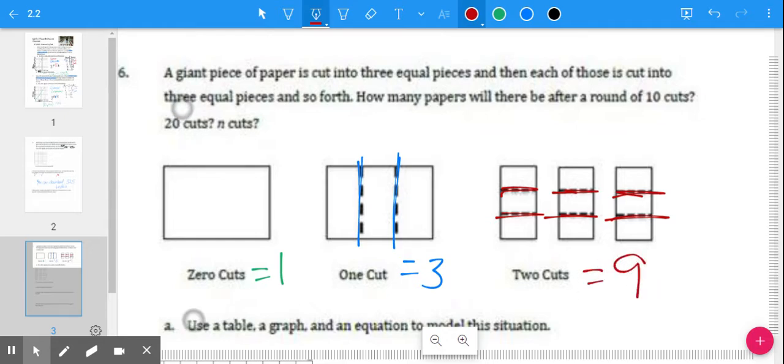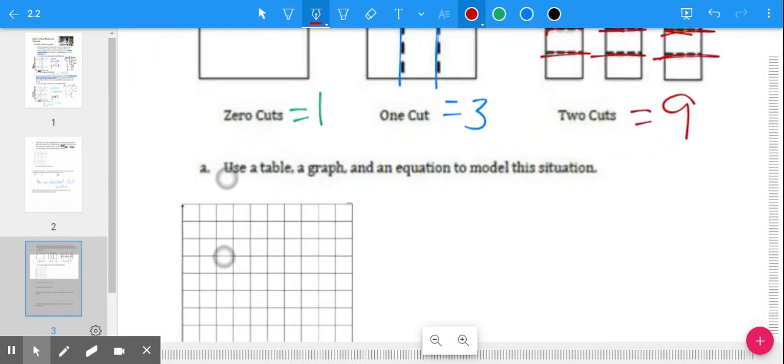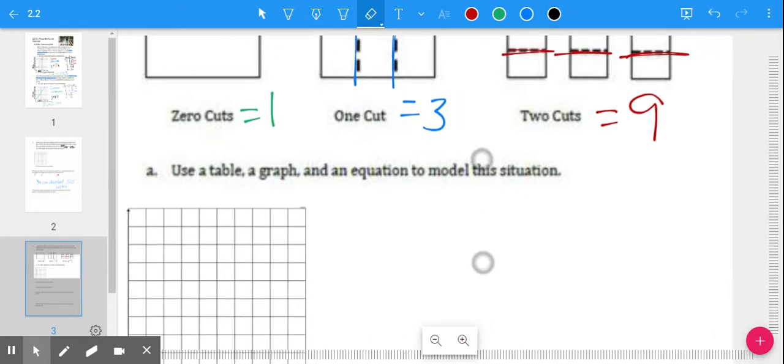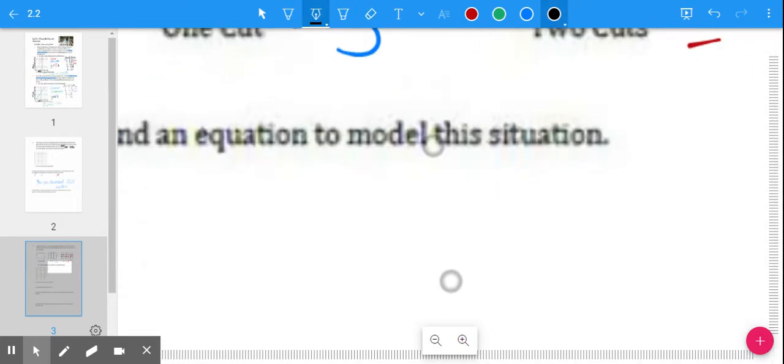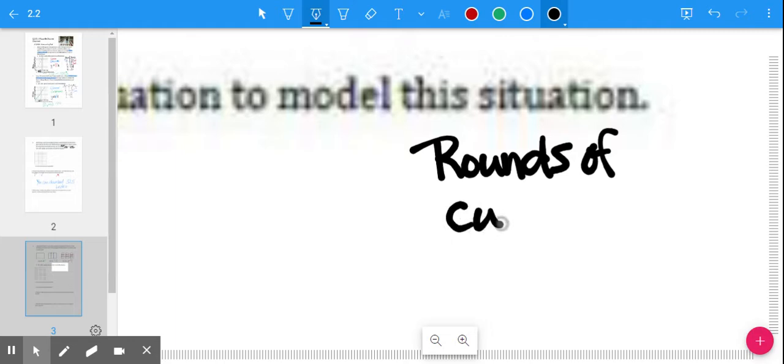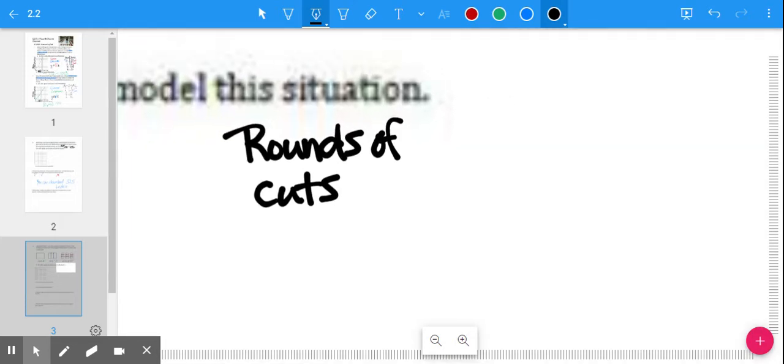So when we look at a table of these values, we're going to call this cuts, or rounds of cuts, really. So we have rounds of cuts and pieces of paper.